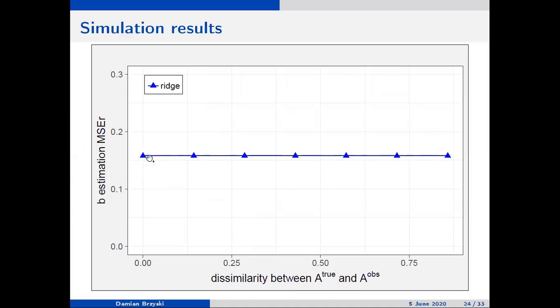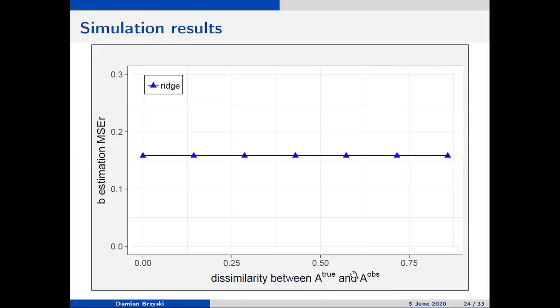For Ridge, here on the y-axis you have estimation error, so the smaller the better. This is Ridge, and the x-axis represents the dissimilarity between A true and A observed. A observed is what you are using in the estimation procedure, and A true was used to generate the signal.